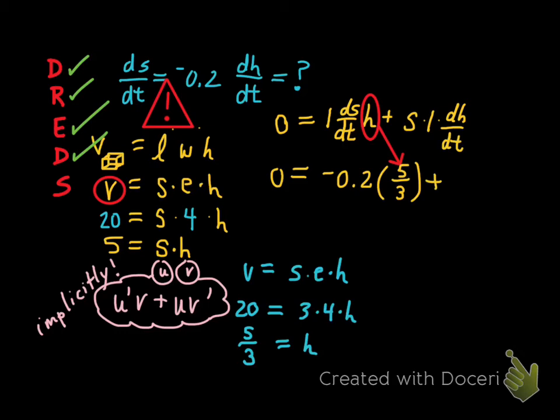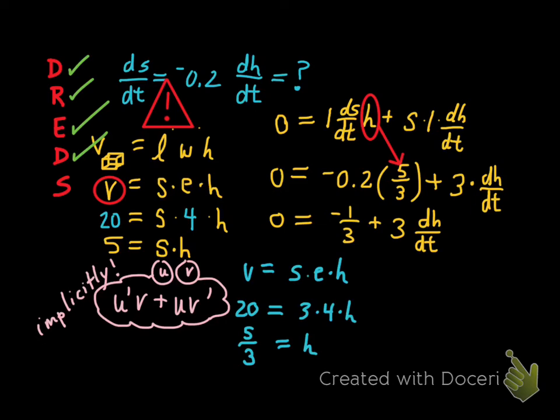Plus S. What is S? A sidewall. Yeah, the sidewall they said was 3, times dH dt. You can see what happened with the computation with the first term. Negative 0.2 is negative 1/5. Think of that, negative 0.2 is negative 1/5. So you have a 5 on top and negative 1/5, a 5 on the bottom.